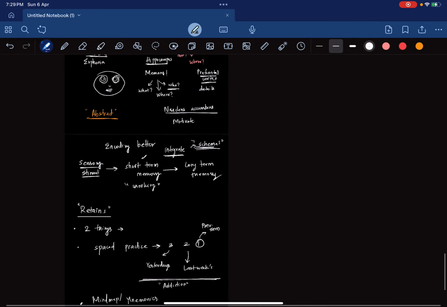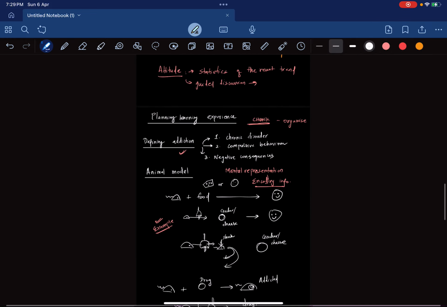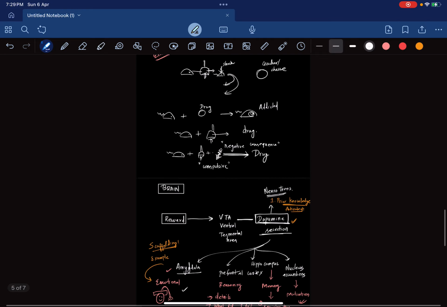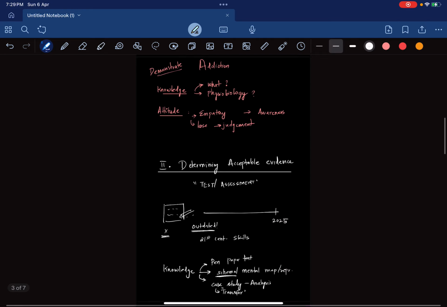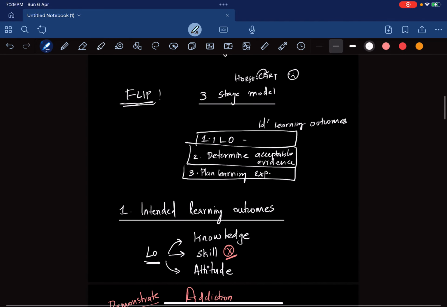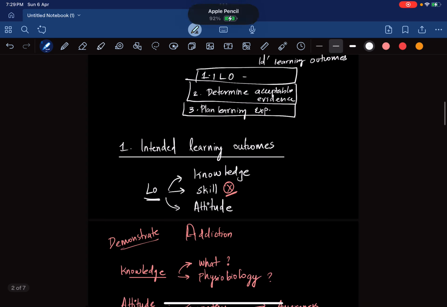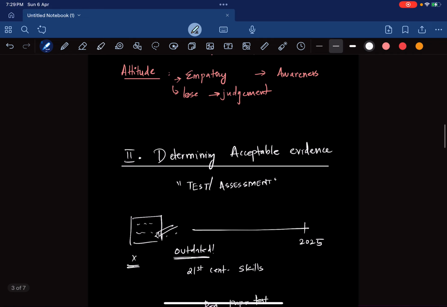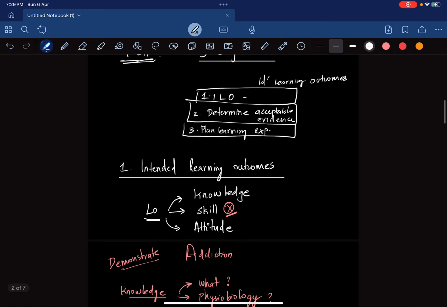Now, these are the ways in which I would design a pedagogy. In this limited time, I've demonstrated a small part of what backward design is. Of course, each of these could be dealt with in much more detail. To keep the video short, I've just done this.